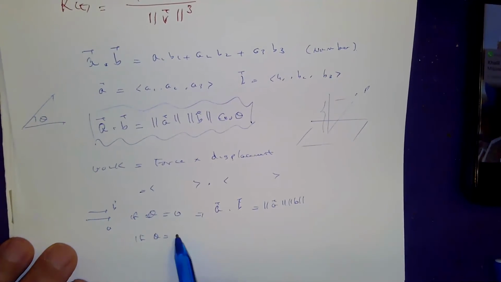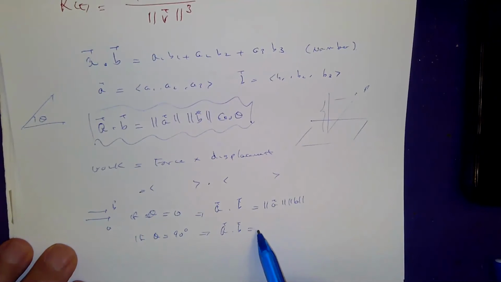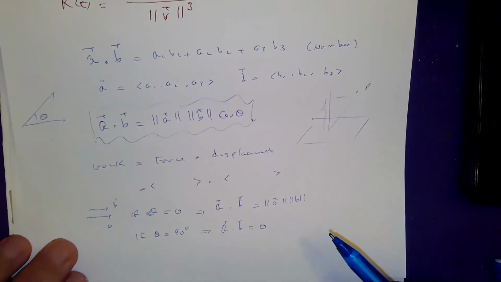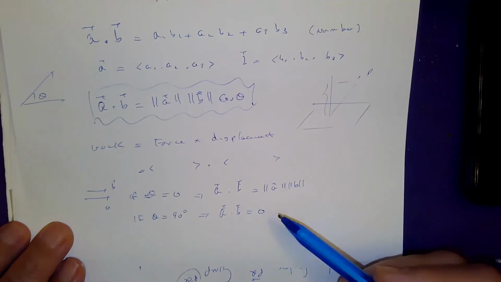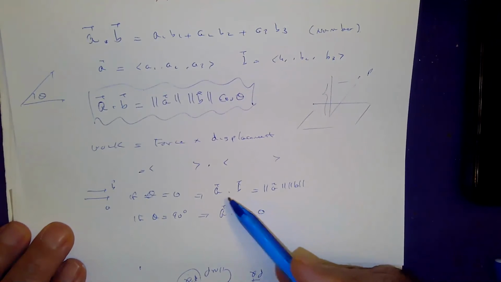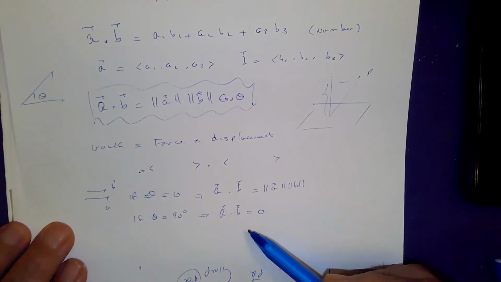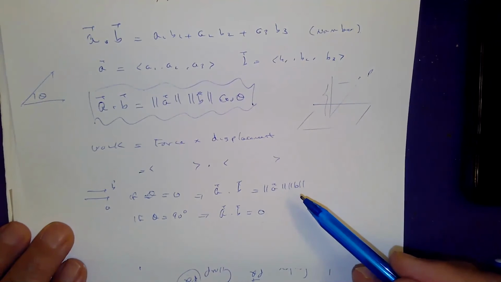However, if theta is 90 degrees, cosine goes to zero, so A dot B is 0. So notice it's about what we get so we can interpret the answer, not about what this does. It's like, you give me a number, then I'll tell you what it does.